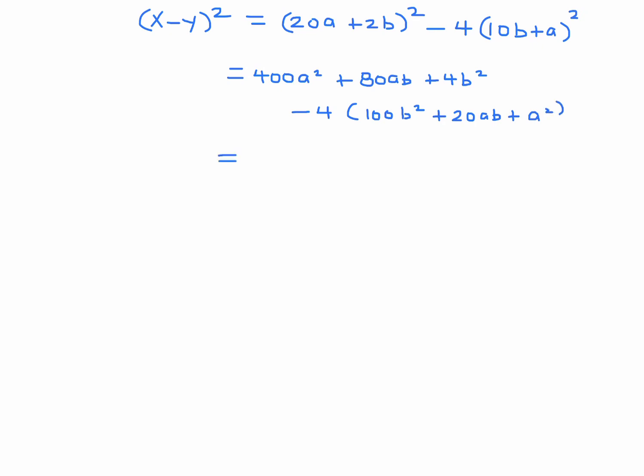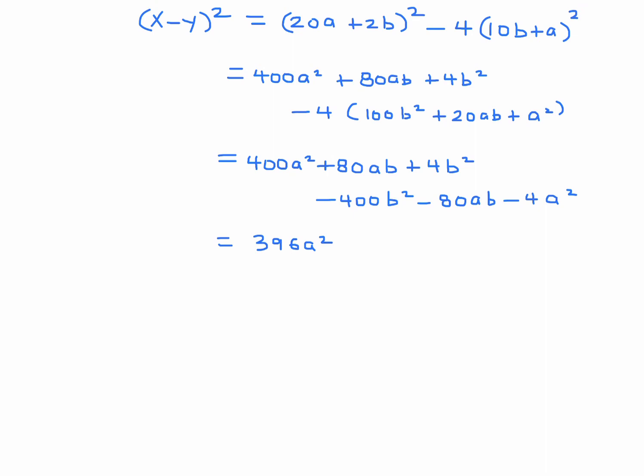And then let's see how many like terms we can collect. 400a squared plus 80ab plus 4b squared, and then minus 400b squared minus 80ab minus 4a squared. Collecting like terms, this becomes 396a squared minus 396b squared, because these two terms cancel. And then factoring, we get 396 times (a squared minus b squared).